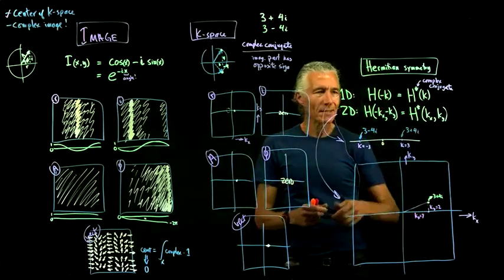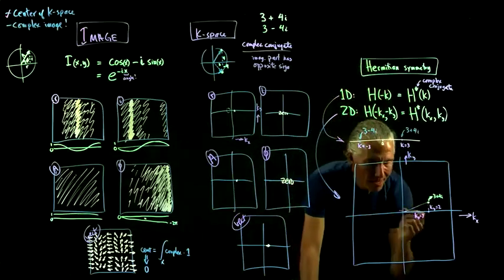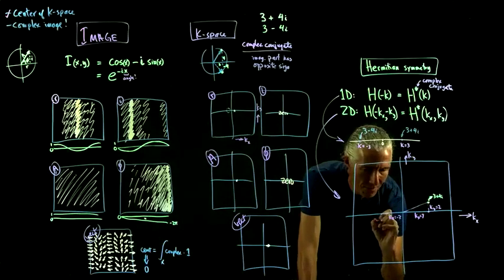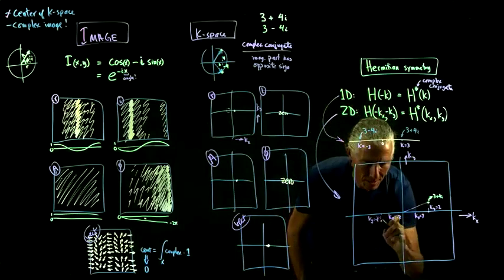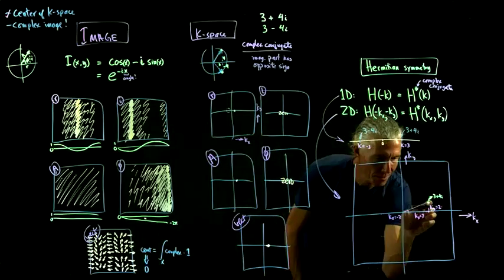And so what does this compact equation say? It says that if we go to kx equals minus 7 and ky equals minus 2, to that point. So that should be, I didn't draw it out quite far enough, but let's draw it a little further.